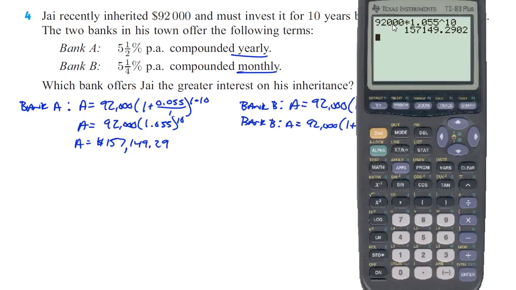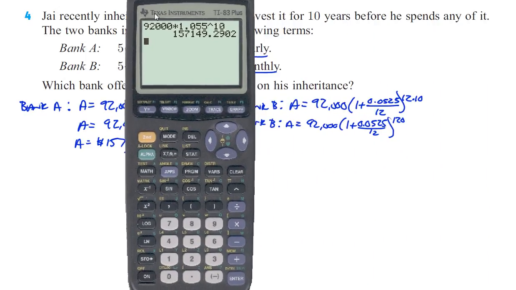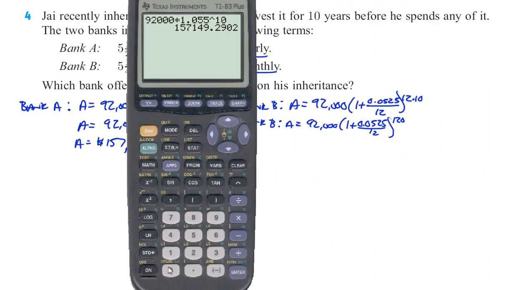So we're going to put that into our calculator. 92,000 times parentheses 1 plus 0.0525 divided by 12, all to the 120th power, and it ends up with 155,344.23.